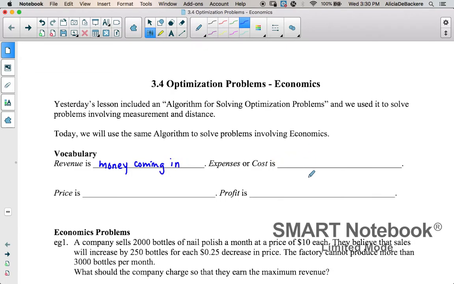When we talk about expenses or cost, we're talking about money going out.